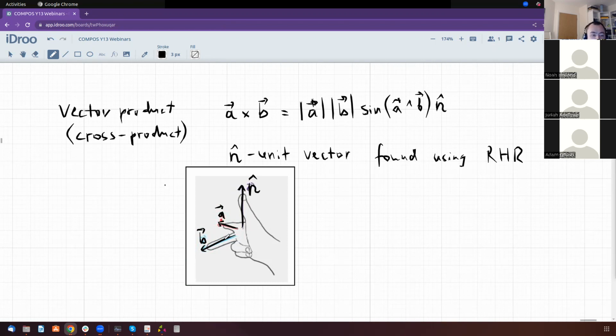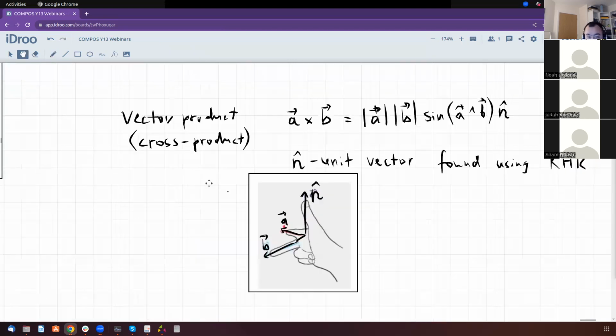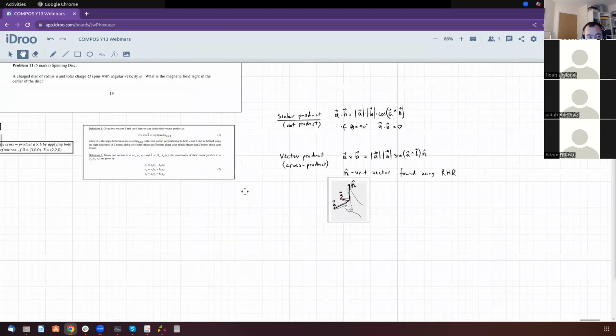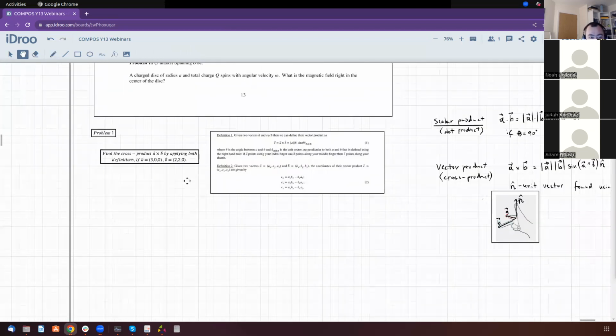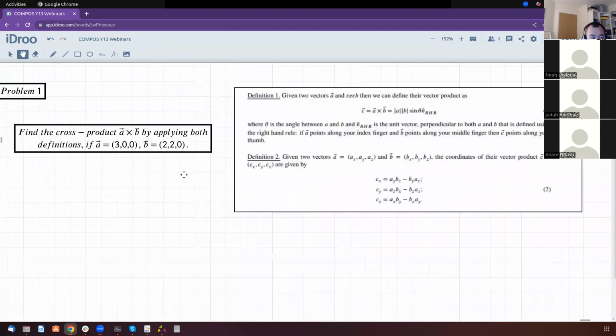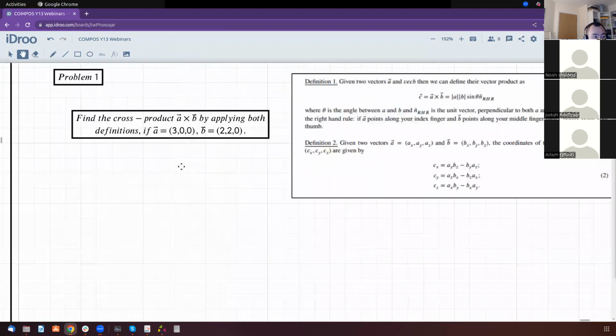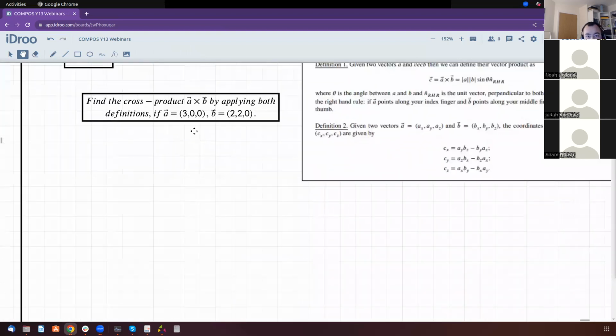It's a normal vector. It's always 90 degrees to vectors A and B. And the result is a vector. So that's why it's called a vector product.